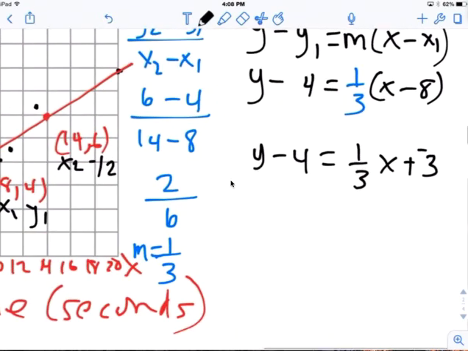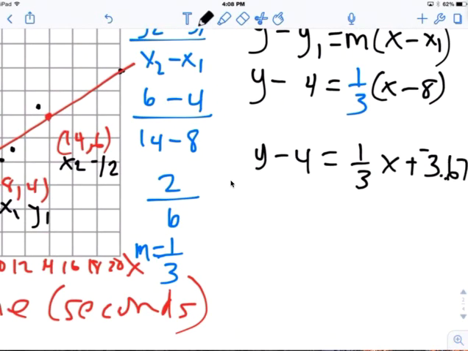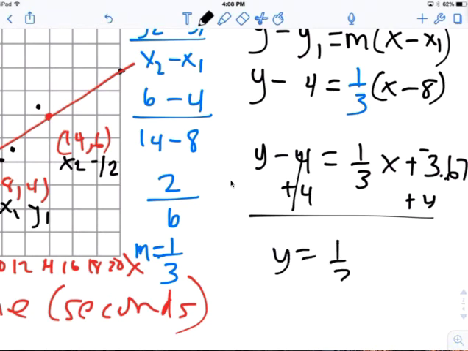Negative 2.67. You round it. Make sure you round correctly. Add 4, add 4. Okay, y equals 1/3 x. Or if you subtract, put 6 repeating, subtract 4 from that, you get a positive 0.3 repeating. Right? It's a third that's left.